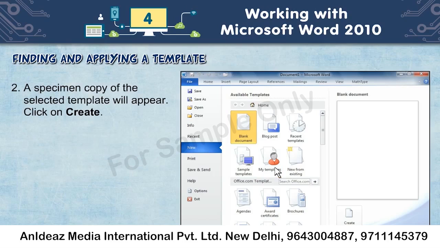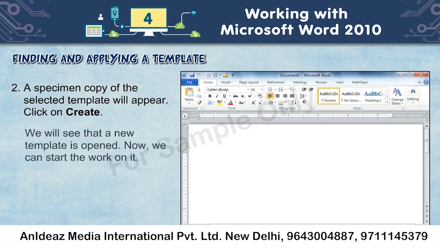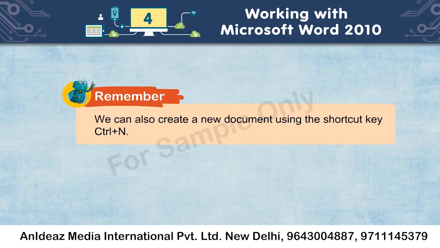A specimen copy of the selected template will appear. Click on Create. We will see that a new template is opened. Now we can start the work on it. Remember, we can also create a new document using the shortcut key Ctrl+N.